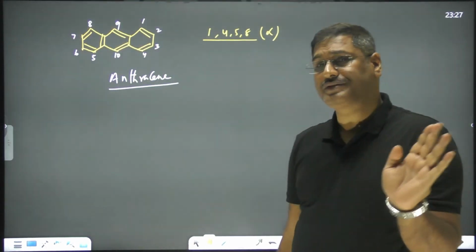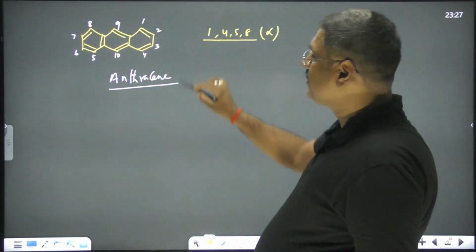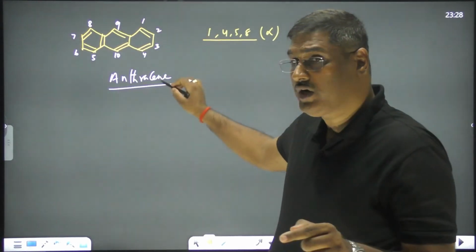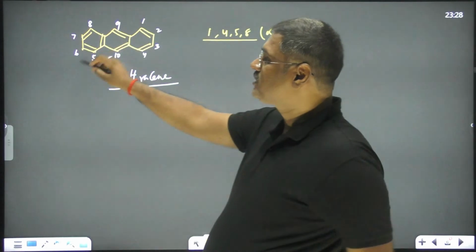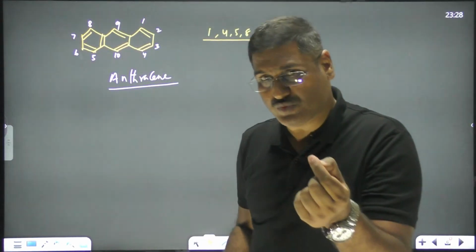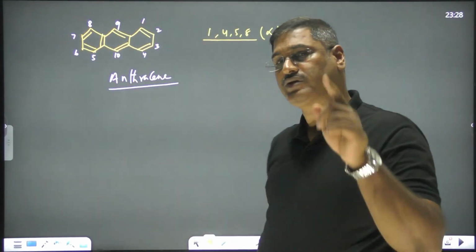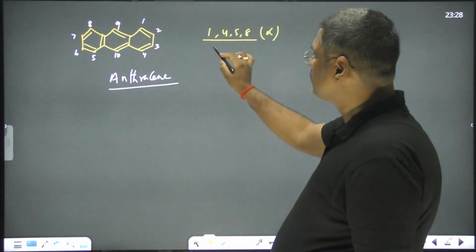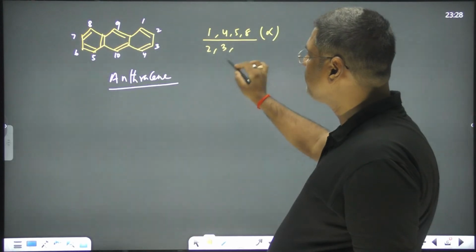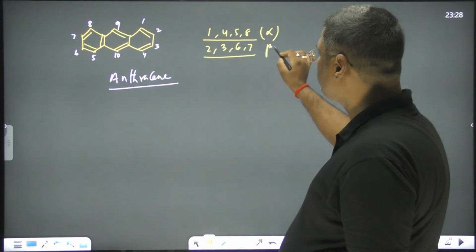And whether you keep the substituent on the second or the third, if on the third, then also 2. On the 6th, then also 2. On the 7th, then also 2. If there is only one substituent, either on 2 or 3 or 6 or 7, we say 2 only. So these are all equivalent sites. 2, 3, 6, 7, we say this one beta.